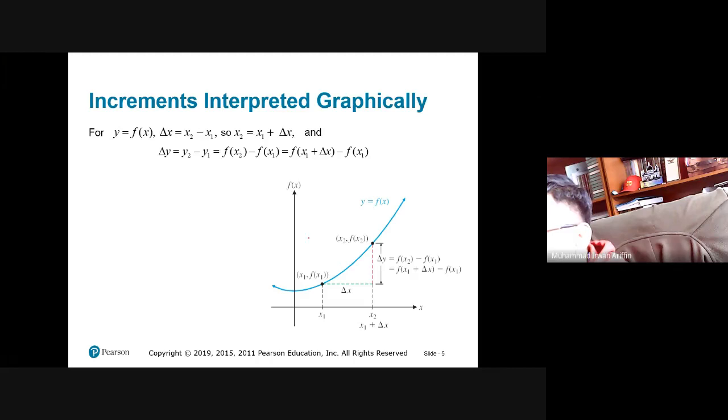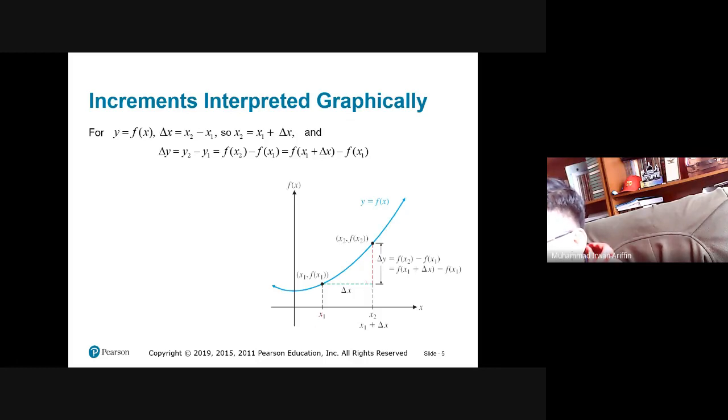Graphically, pay attention to this example. Let's say this is the relationship of the function y equals f of x, the blue line. What we are interested in is the differential, basically the difference quotient.